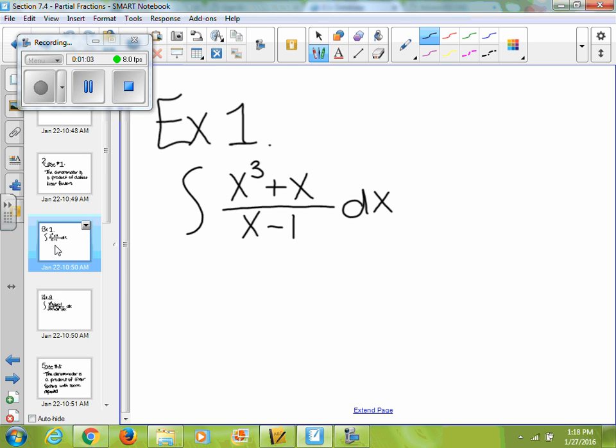the first thing I'm going to do is long division, in order to divide my denominator into my numerator. My denominator is x minus 1. My numerator is x cubed, and we don't have an x squared, so 0x squared plus x.